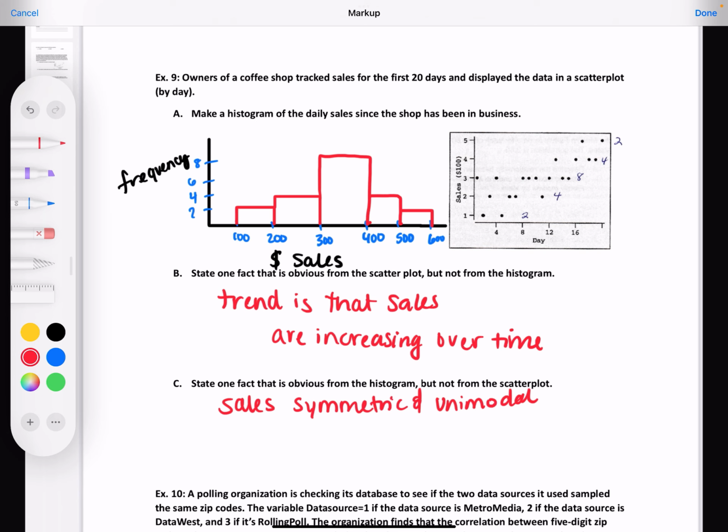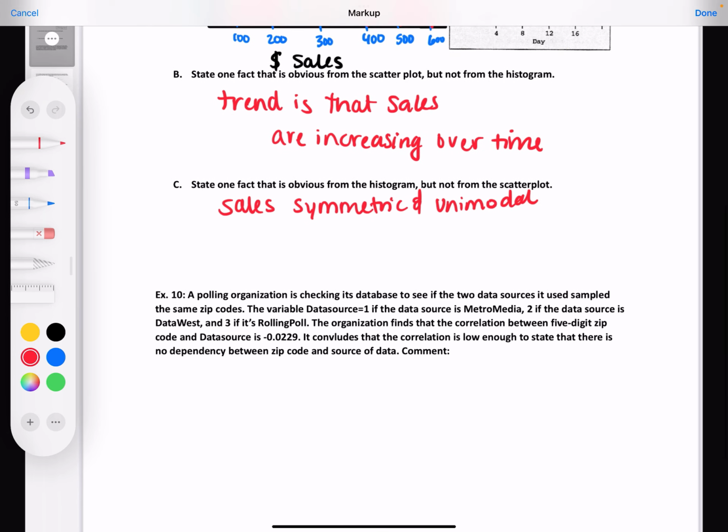All right. I think we can get in 10 really quick. A polling organization is checking its database to see if the 2 data sources it used sampled the same zip codes. The variable data source is equal to 1 if the data source is Metro Media, 2 if it's Data West, and 3 if it's Rolling Poll.